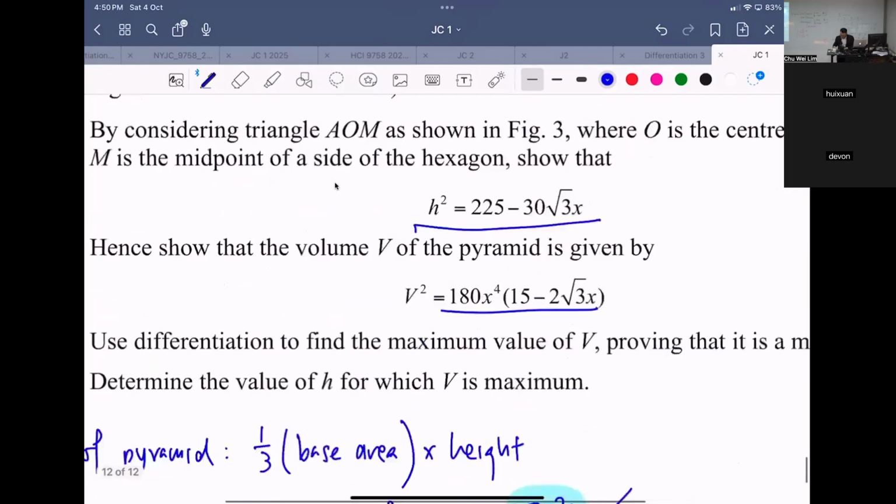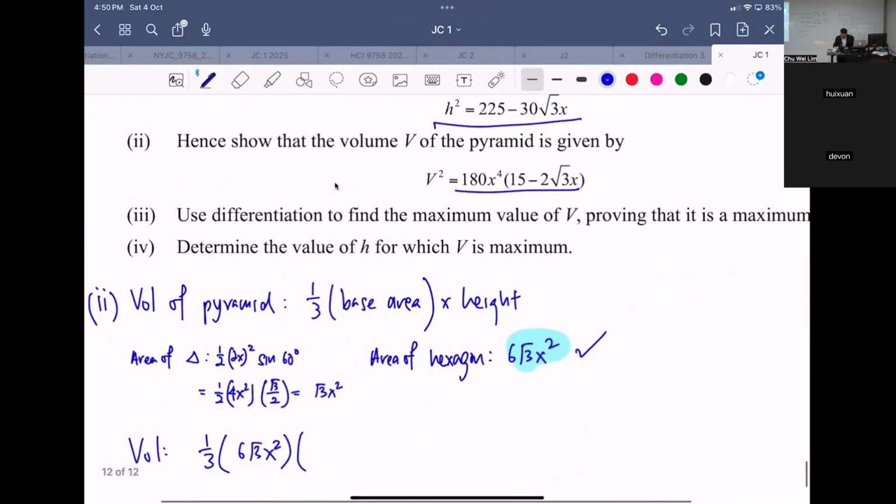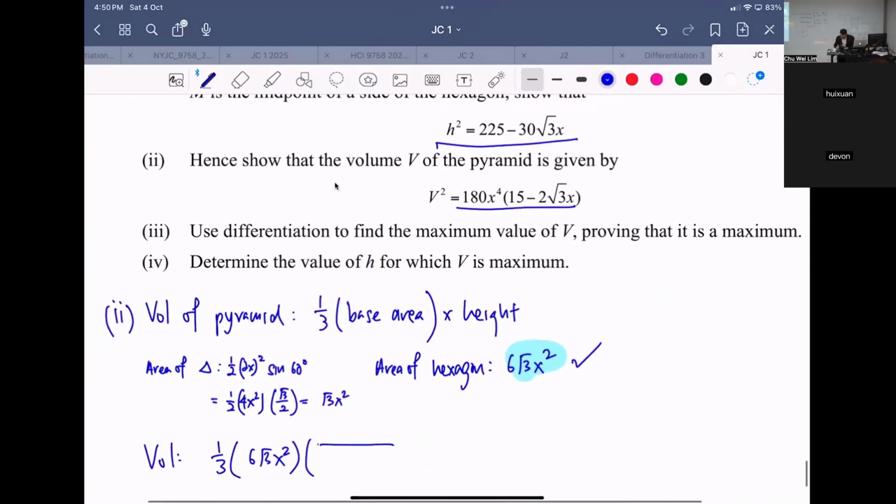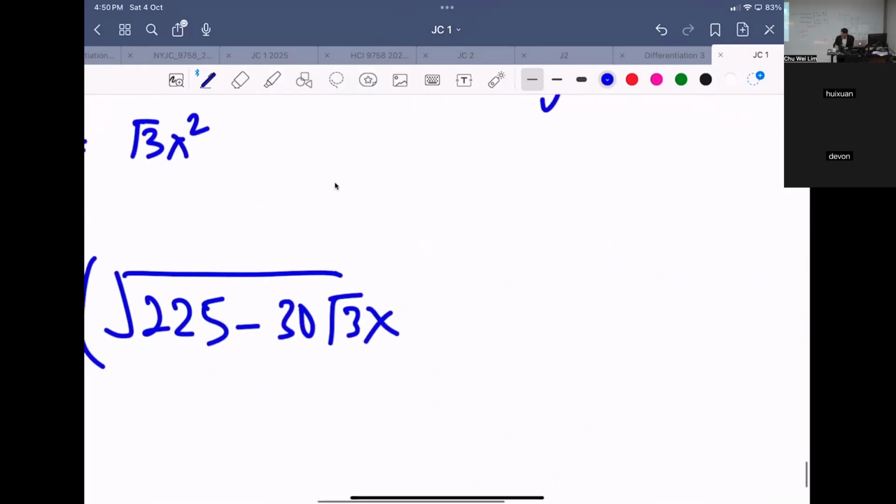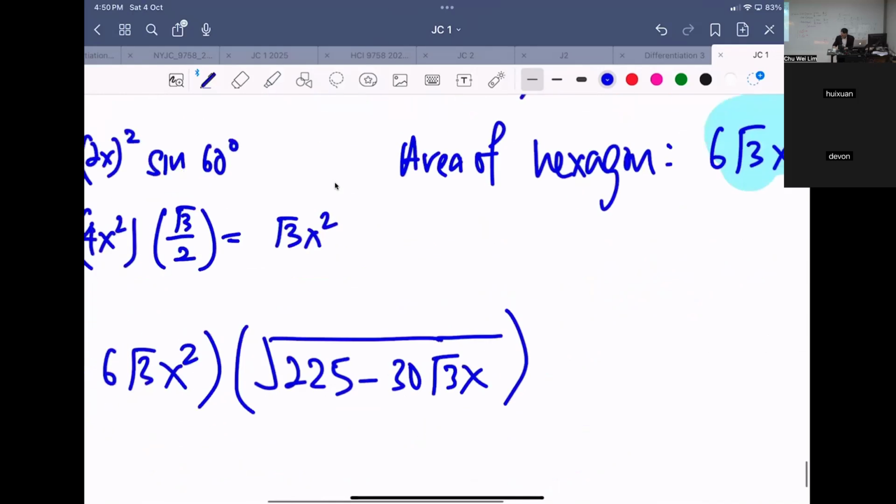Now the height we have proven previously, which is the square root of 225 minus 30 root 3 x. This is the volume.